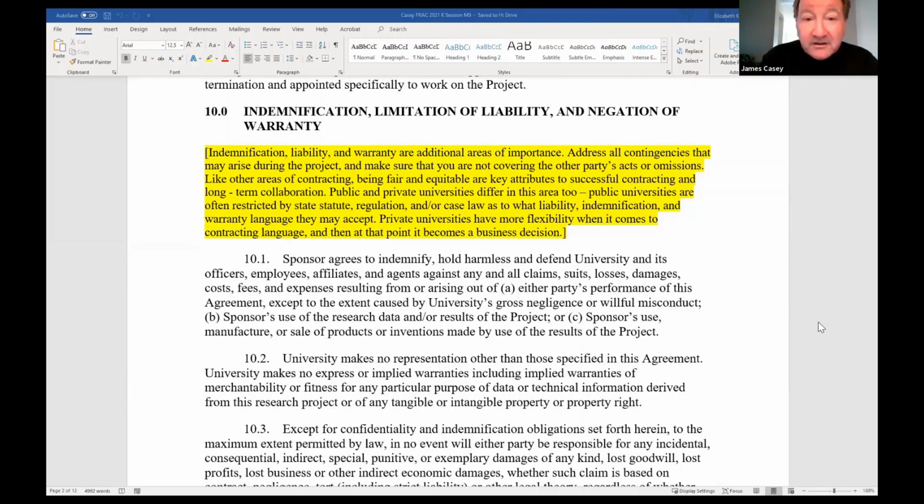That has led, in my experience, to real delays in getting contracts signed, which leads to, A, faculty unhappiness, and B, it does kill in some instances faculty enthusiasm for sponsored research.